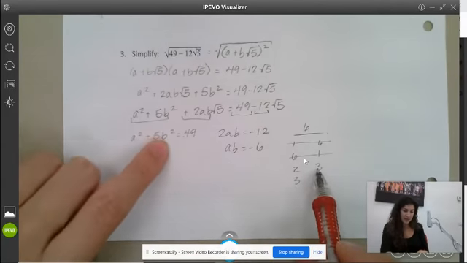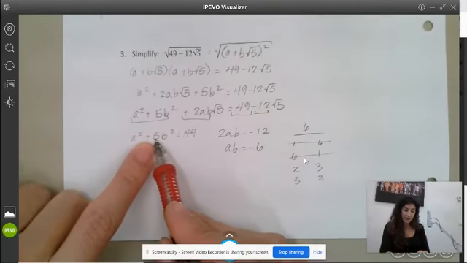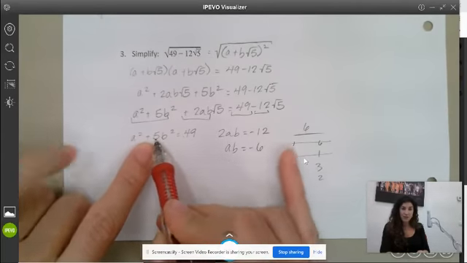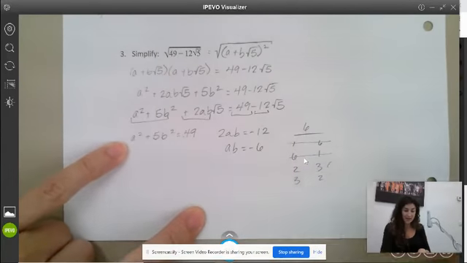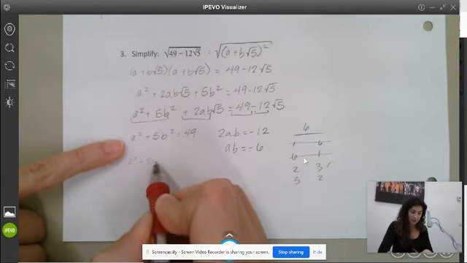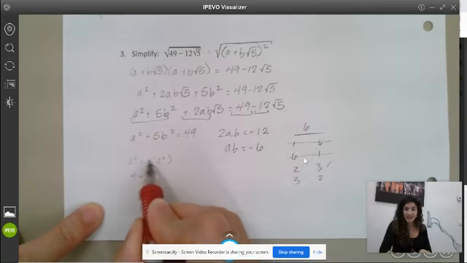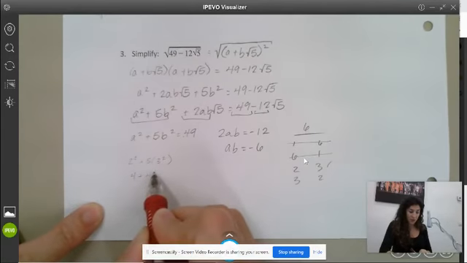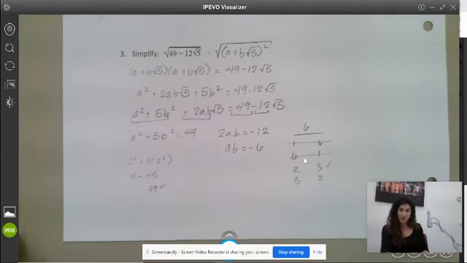Trying 2 and 3, I would get 3 squared is 9 times 5 is 45 plus 4 would be 49. So that's me doing it in my head, but you could always just double check by doing 2 squared plus 5 times 3 squared. So that's 4 plus 3 squared is 9 times 5 is 45, and that is 49. So it looks like this guy is the one that works.